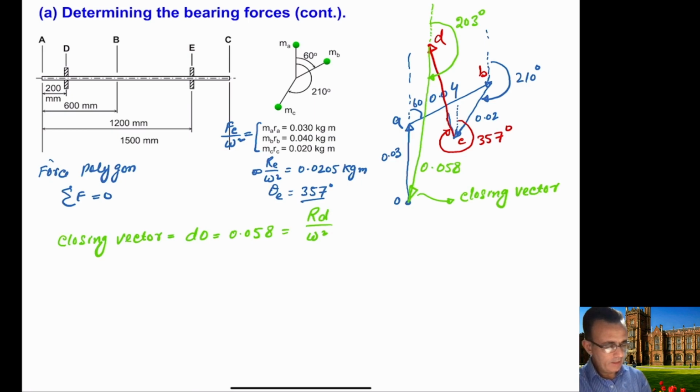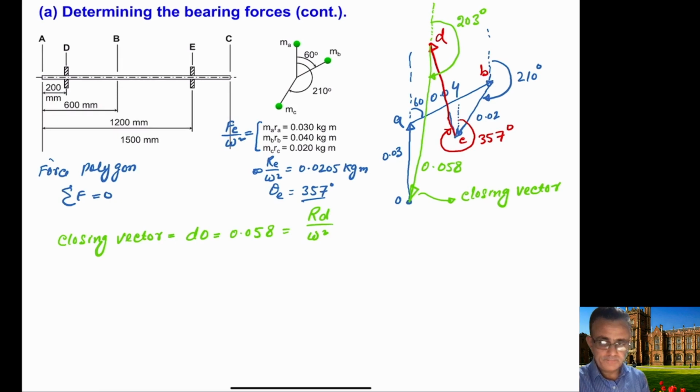Okay. And now if you want to calculate the actual reactions, you will need to multiply this with omega square. So if you multiply omega square with 0.058, you will get RD. And if you multiply omega square with this 0.0205, you will get RE.